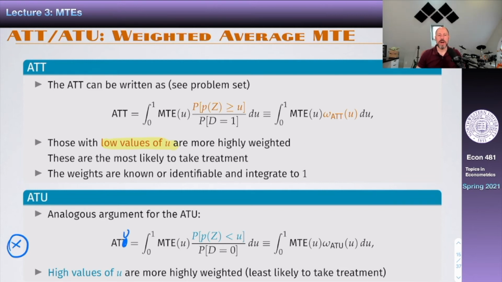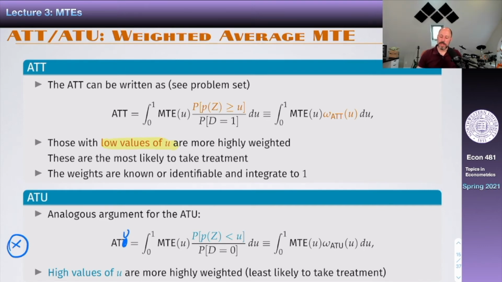And why is that? Well, because remember, people with low values of U are those that choose D1 more frequently, and those are the treated, right? So it makes sense that when you look at the marginal treatment effect, you put a higher weight on those that have small values of U, because you're looking for the average treatment on the treated, on those that have D equal to 1.